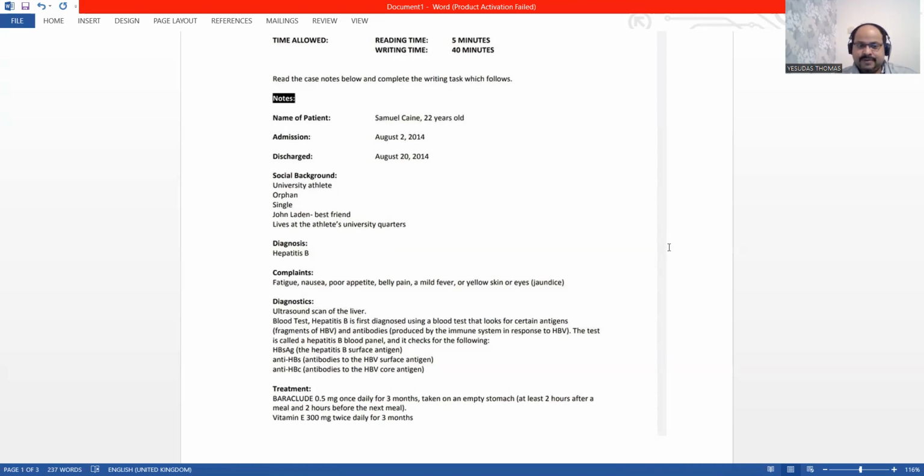So we have some explanation of the test there. The test is called the hepatitis B blood panel test. So why do we need to write this particular test, the explanation of the blood test, to a hepatologist? The hepatologist already knows what the test is, what the components of the test are, all the things. We just need to inform that an antigen specific test was done for this patient, which confirmed his diagnosis.